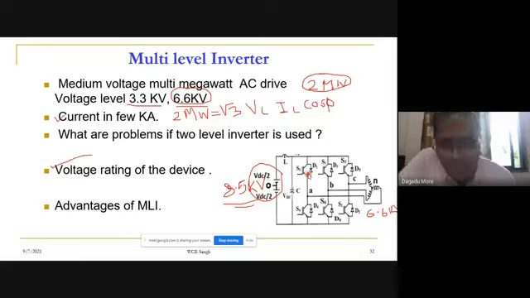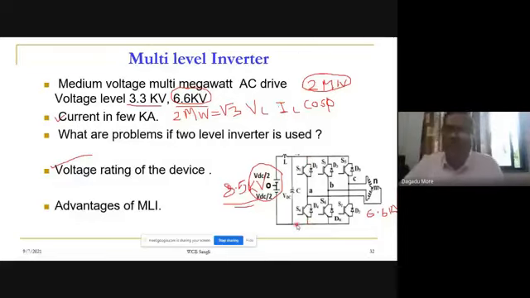And the normal trend is, if 8.5 kV voltage is appearing, then what should be the voltage rating of the device? The voltage rating of a device is roughly 2 times whatever voltage appears across it. So here we have 8.5 kV appearing across S1 or any switch.